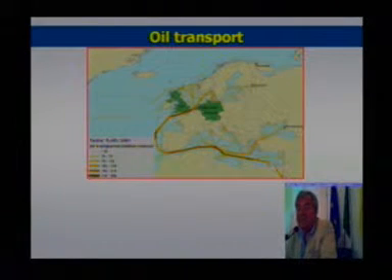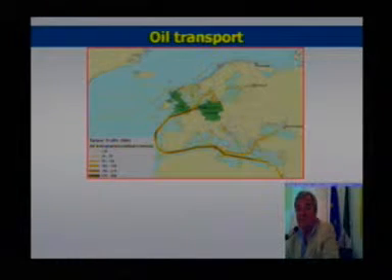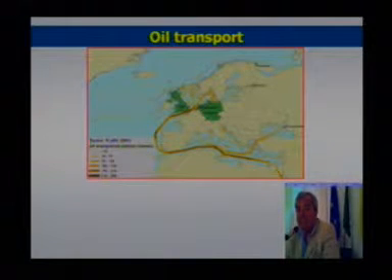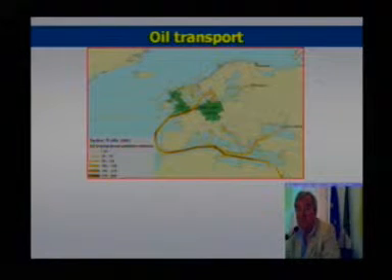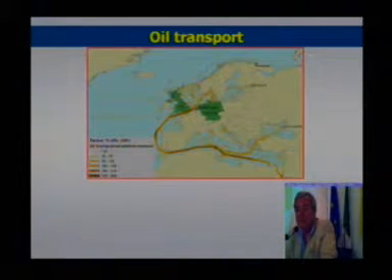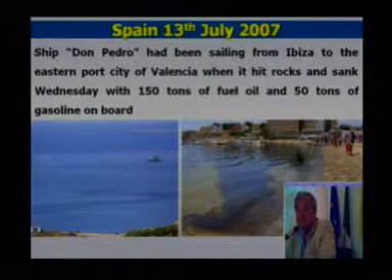On this slide, we can see how in the Mediterranean area we have a very high-traffic transport route, and a big crossing of tanker traffic with oil transported in millions of tons.